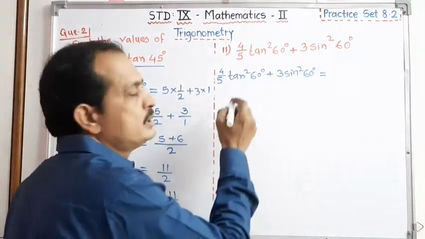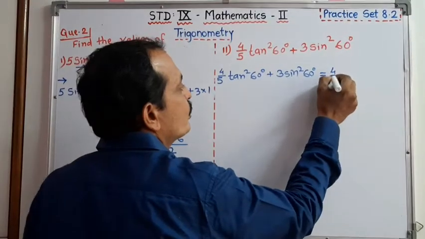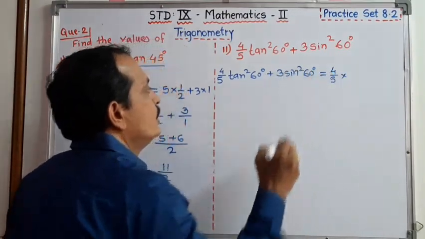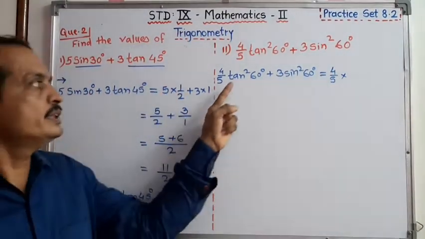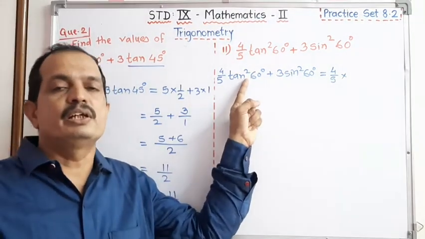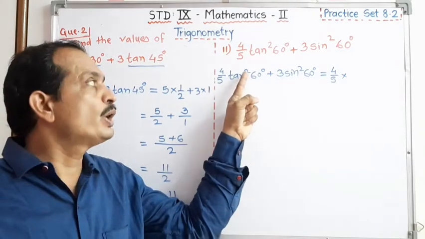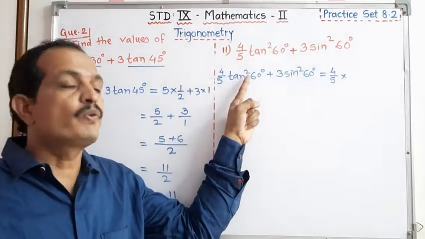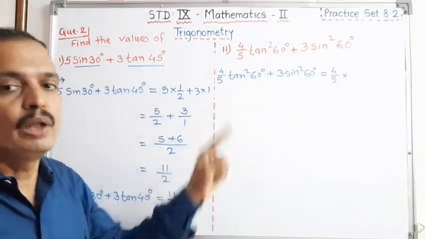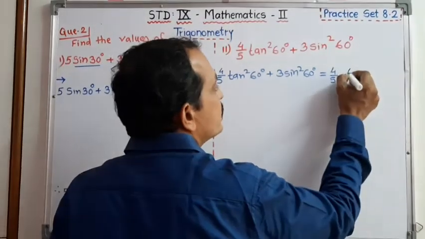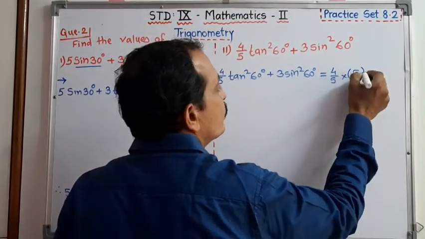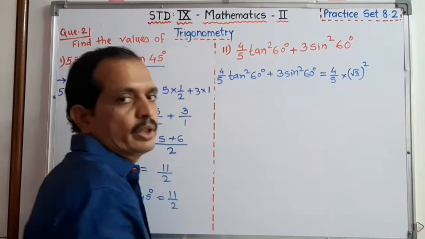First of all, see, dear student, 4 upon 5 into tan square 60 degree. That means we have to make the square of the value of tan 60. Now the value of tan 60 is root 3. Therefore we write root 3 in brackets, squared.